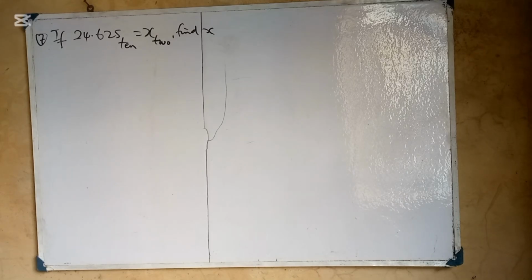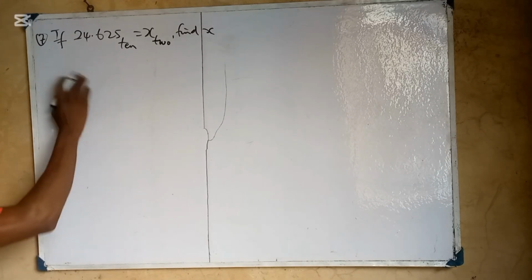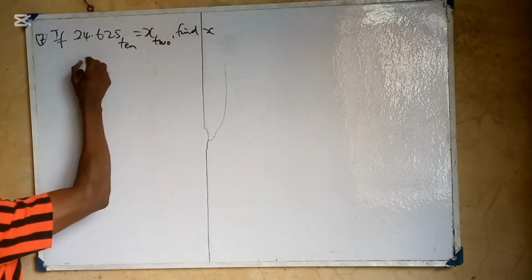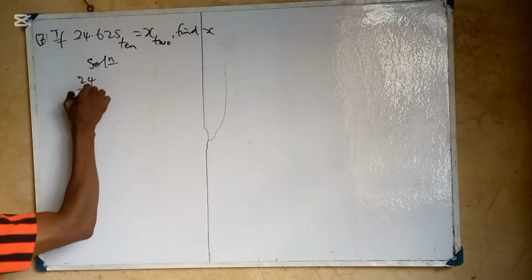Question number 7. If you look at this question here, this is base 2, what we're looking for. We're finding the value of x. So we have the whole number 24.